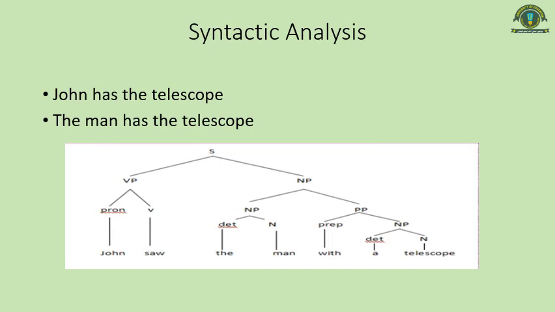So here we see the same surface structure, that is John saw the man with the telescope, but we find different deep structures: John has the telescope and the man has the telescope. This particular sentence given below in the figure can be interpreted in both ways, whether John has the telescope or the man has the telescope.